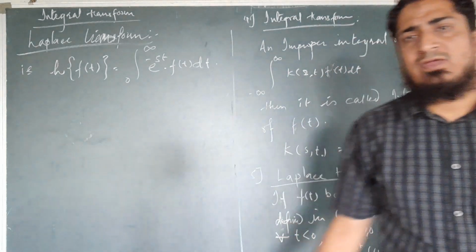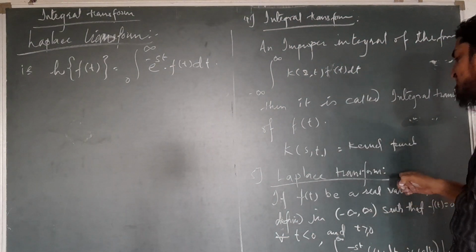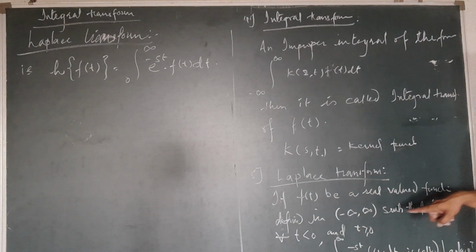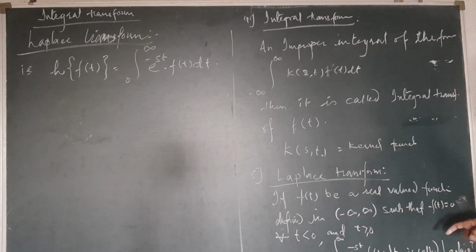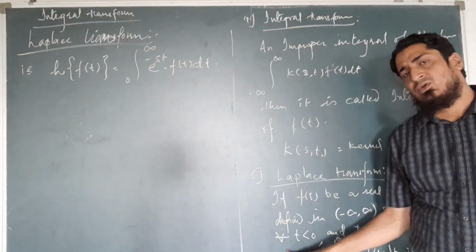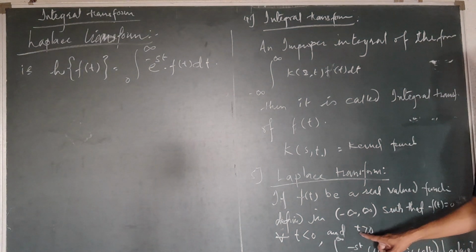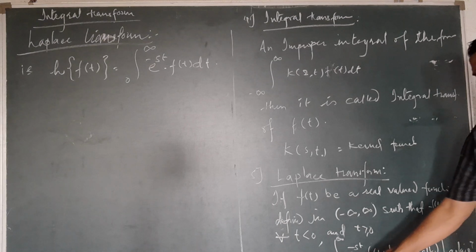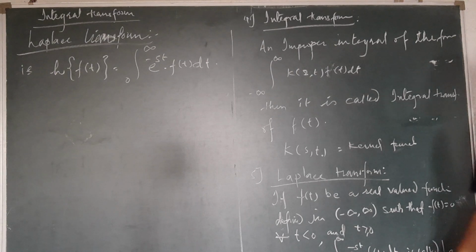So today we have one more definition, that is Laplace transform, in which we have seen that if f of t is a real valued function defined on the interval minus infinity to infinity such that f of t is 0 whenever t is less than 0, and whenever t is greater than or equal to 0, the integration from 0 to infinity of e raised to minus st f of t dt is called the Laplace transform.